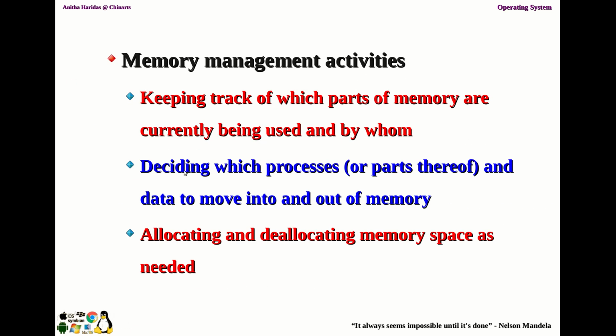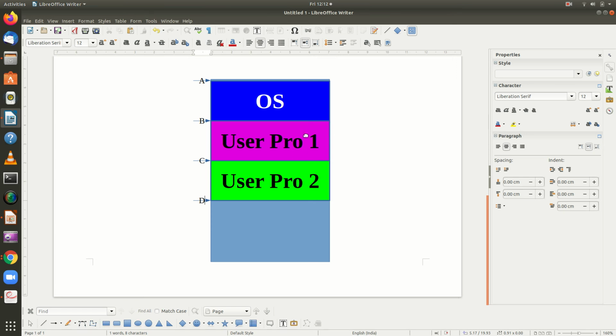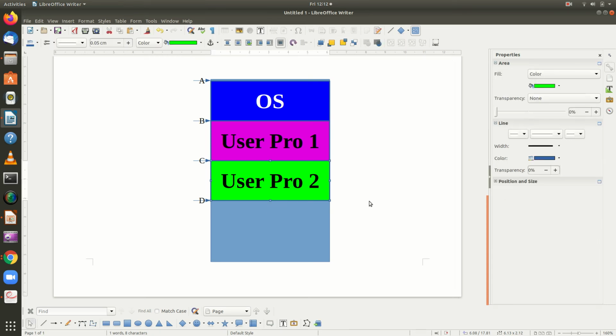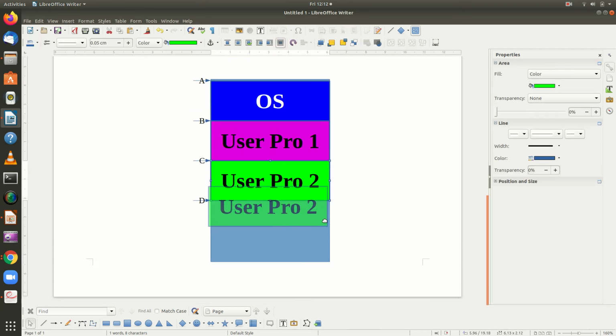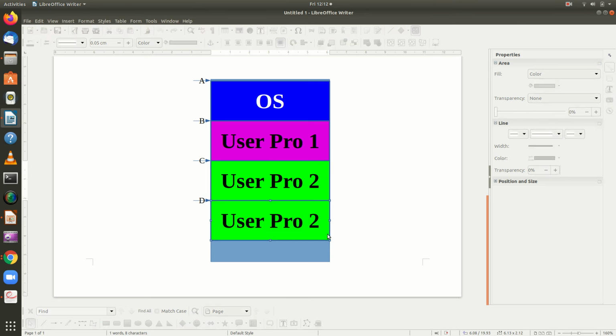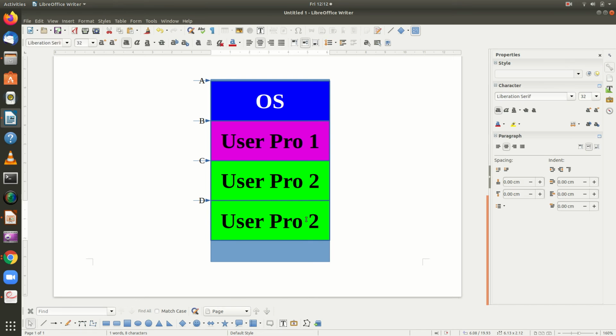Okay, now another activity it has to do is deciding which process and data to move into and out of the memory. So what it will be doing, once user process 1 gets terminated, it has to be moved out of the memory. And suppose user process 3 is requesting memory, then right from location D, it has to allocate for user process 3.